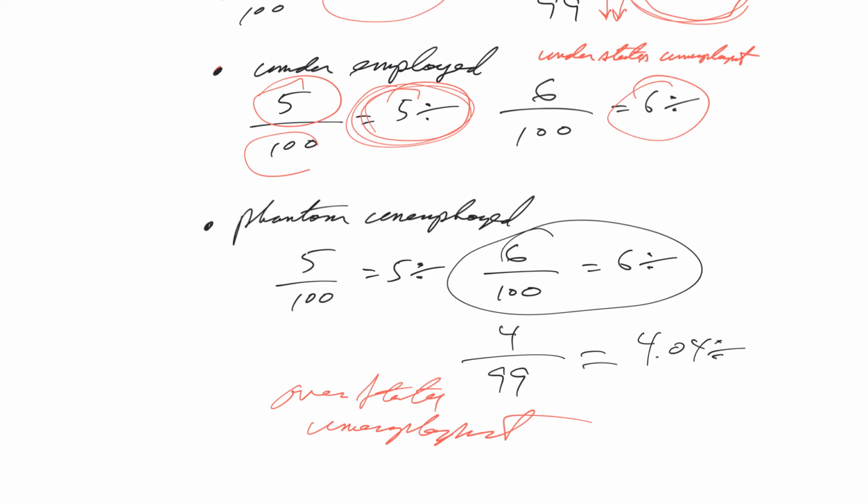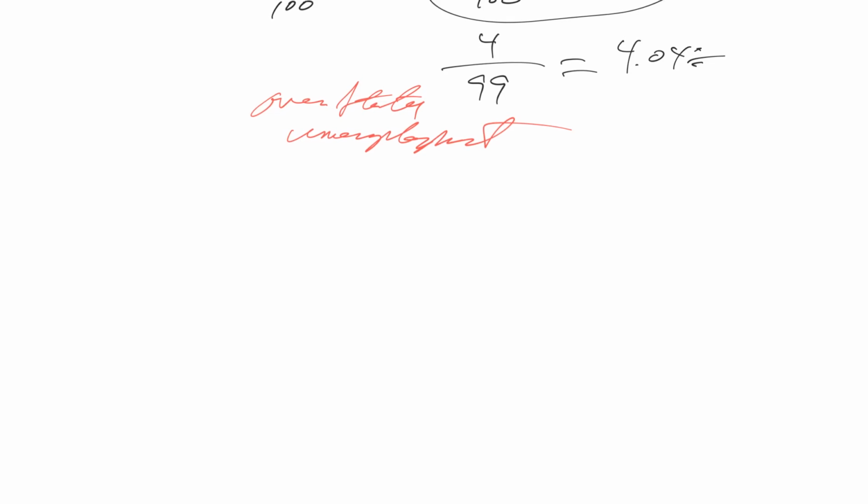So all this makes measuring unemployment very difficult. And what is also difficult is determining what is considered full employment. What is considered a fully employed economy? Well, it's not zero. The unemployment rate will never be zero.